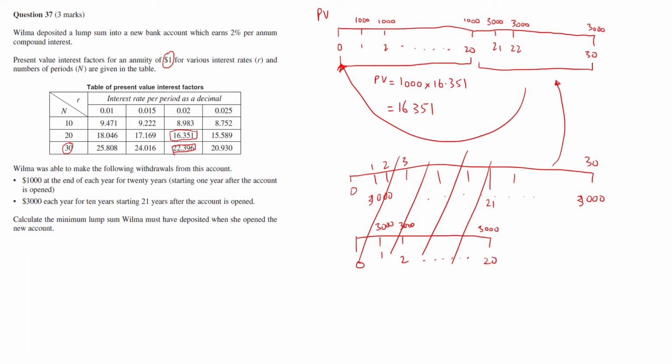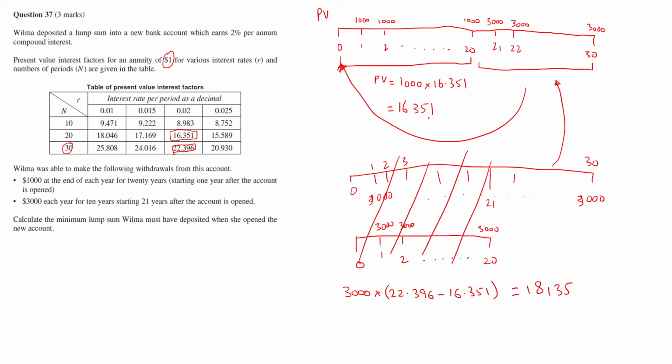So from this we will subtract this. 3,000 is what is being invested. This is for $1 value, and what we're going to do is 22.396 minus 16.351. So that would be the present value, and that would come to 18,135.